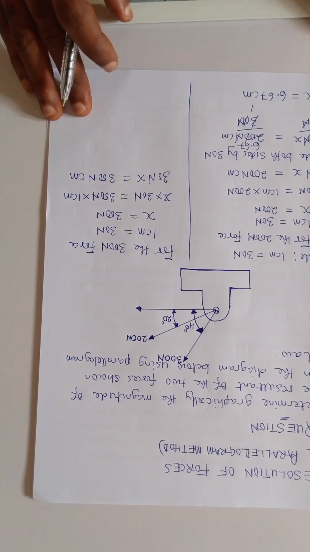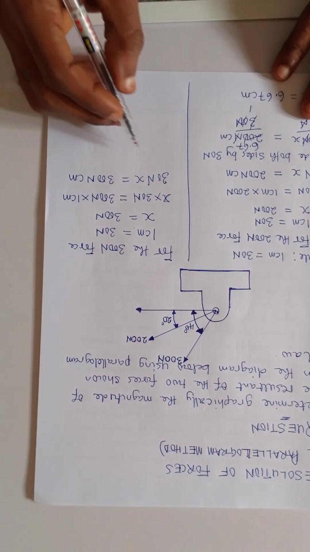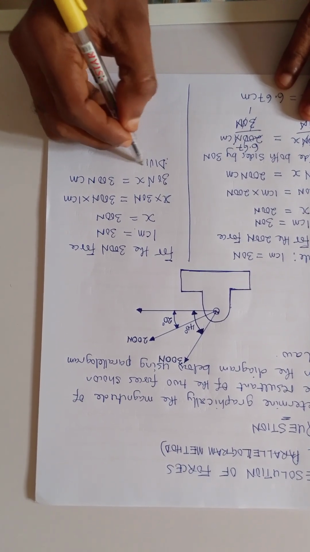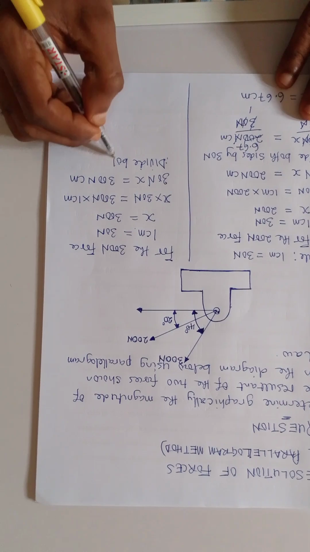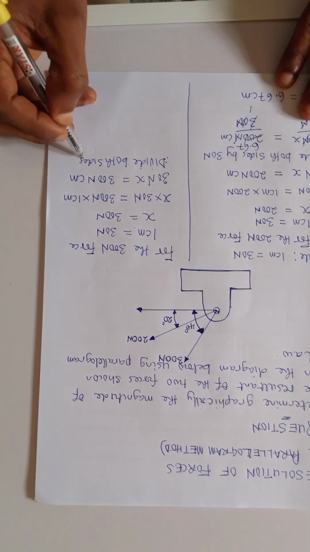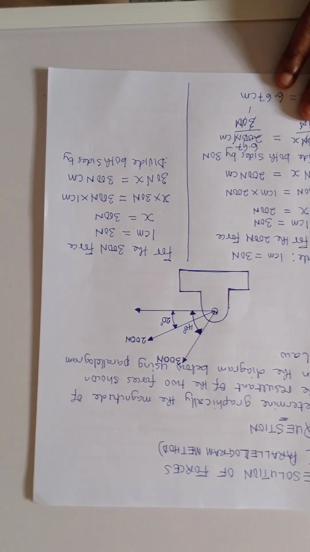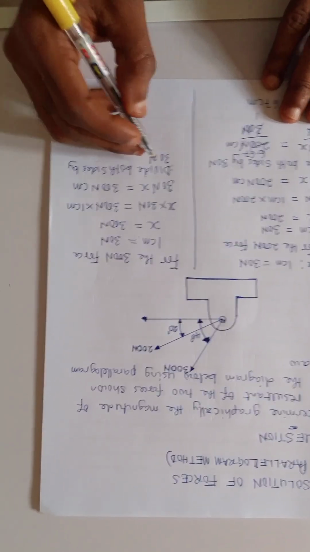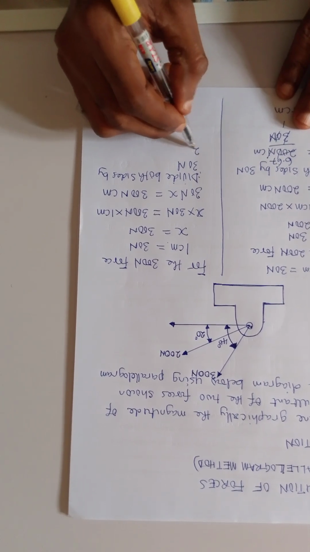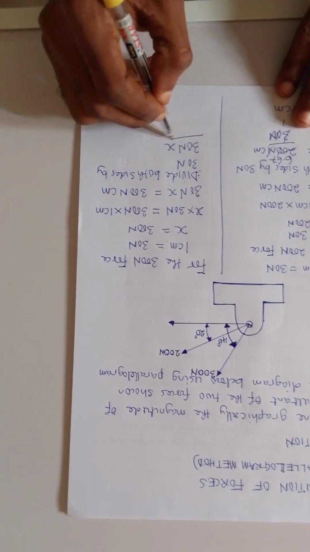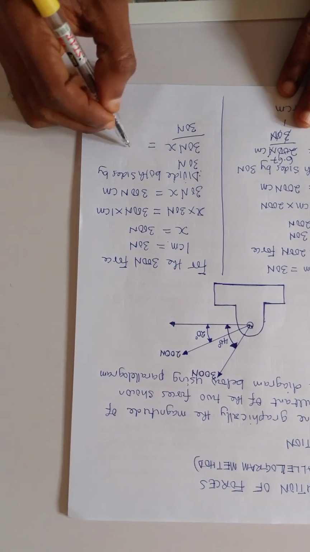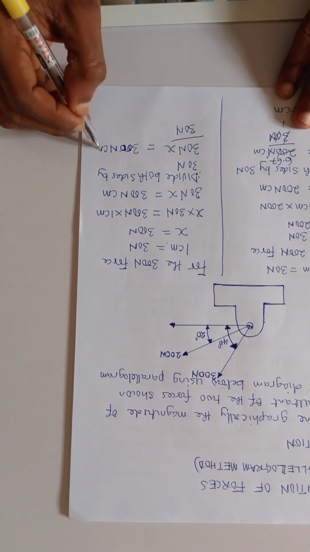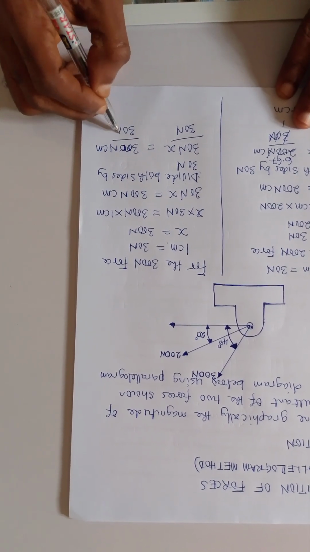So again, at this point, we divide both sides by 30 Newton. That gives us 30 Newton x divided by 30 Newton equal to 300 Newton cm divided by 30 Newton.